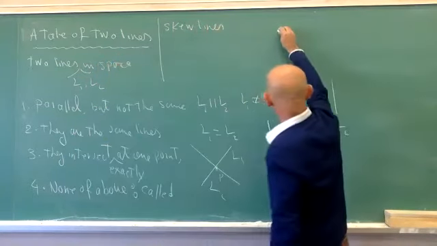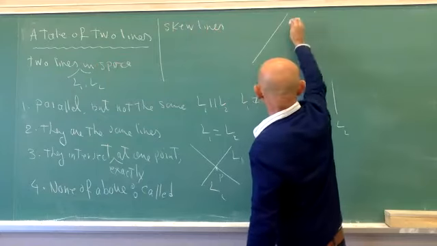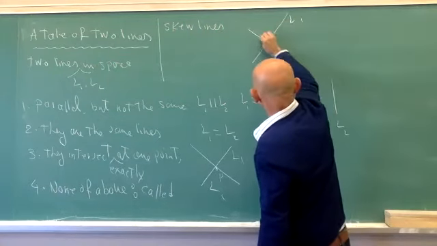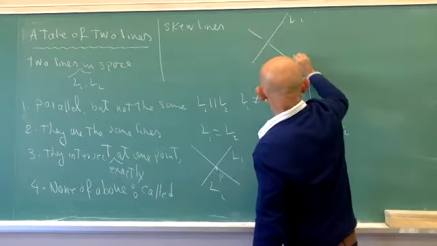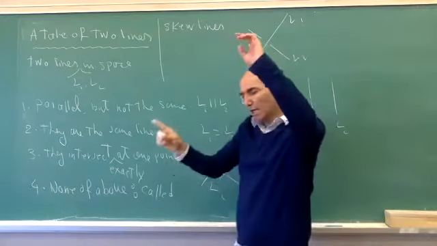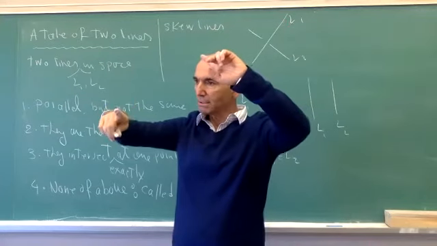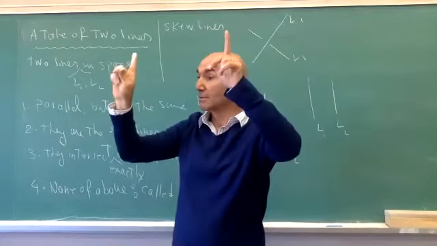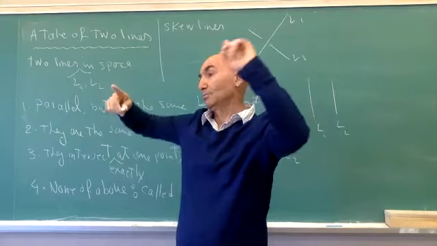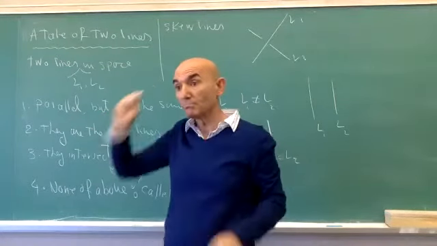The skew lines picture you should have in mind, of course, is clear from what I said. This is L1, this is L2. So the two lines are just like that. They don't intersect, but they are not parallel. They're not the same. So this is possible.